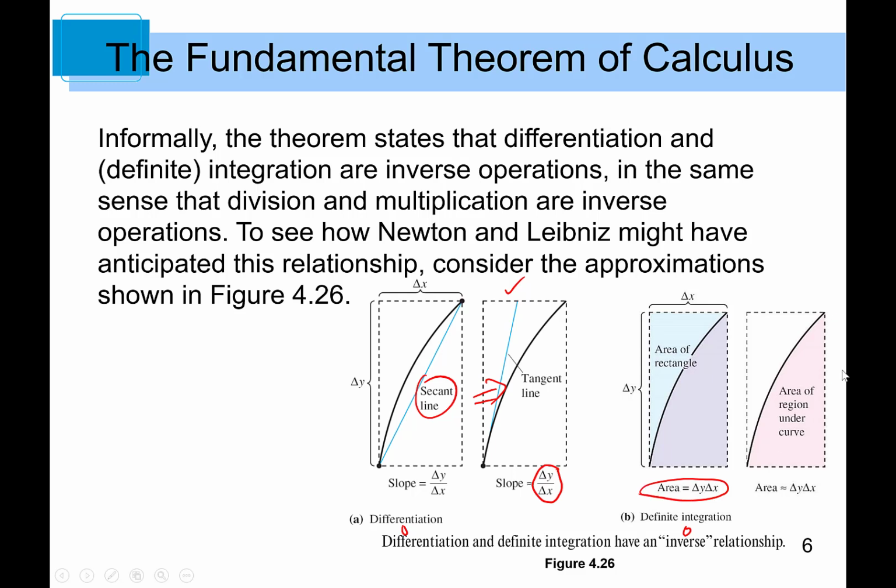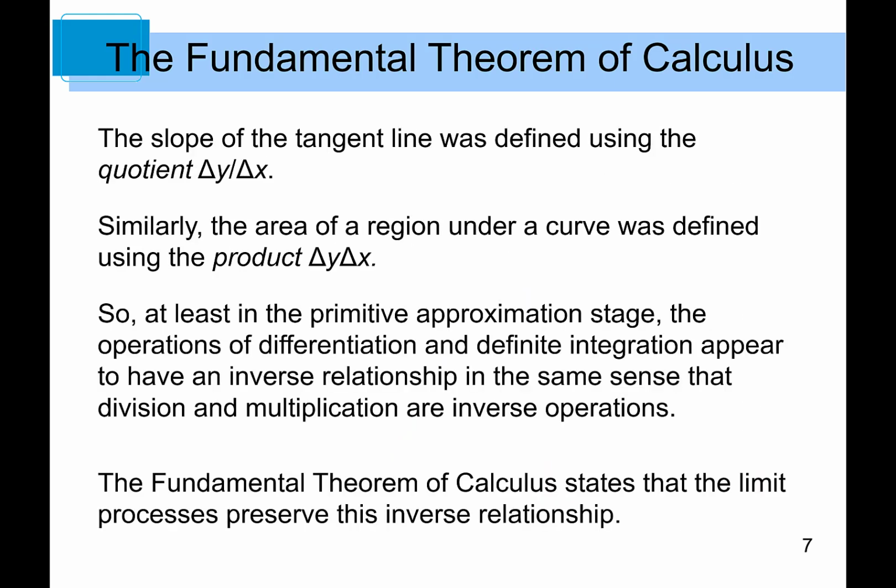And under the fundamental theorem of calculus, the area of a region under the curve was calculated using delta y times delta x approximately, because differentiation and integration have an inverse relationship, meaning it's like multiplication and division, they are inverse operations. So the slope of the tangent line was defined using the quotient delta y over delta x.